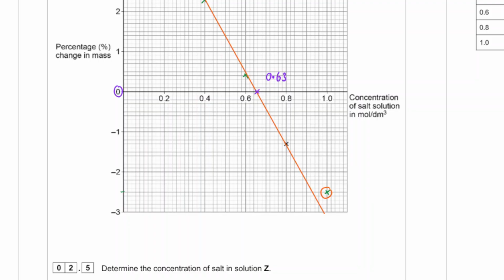Yes, it is definitely 0.63. Now the marking scheme says value from student's line of best fit. So as long as we've got our value correct from this line, it's fine. If you haven't drawn a line and if you guessed it, your value should be somewhere around 0.64 to 0.66.